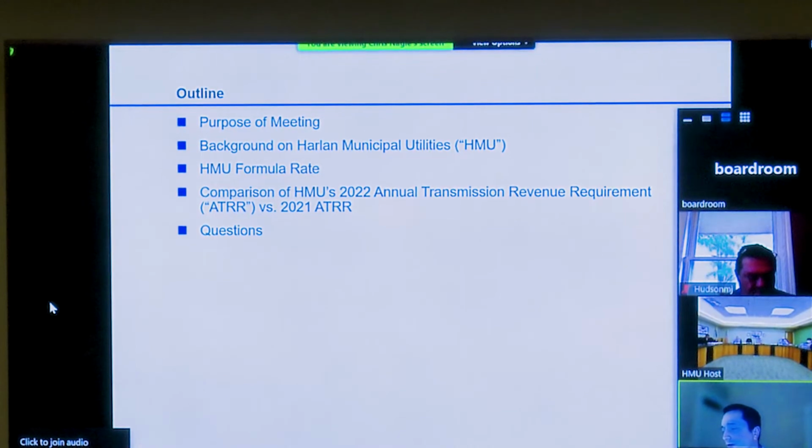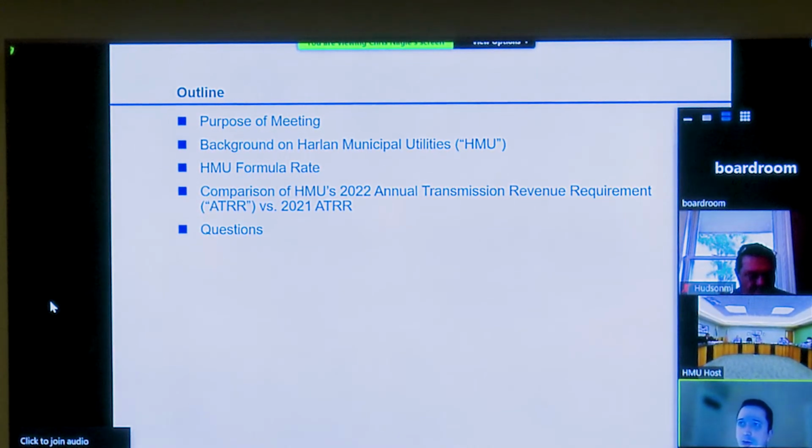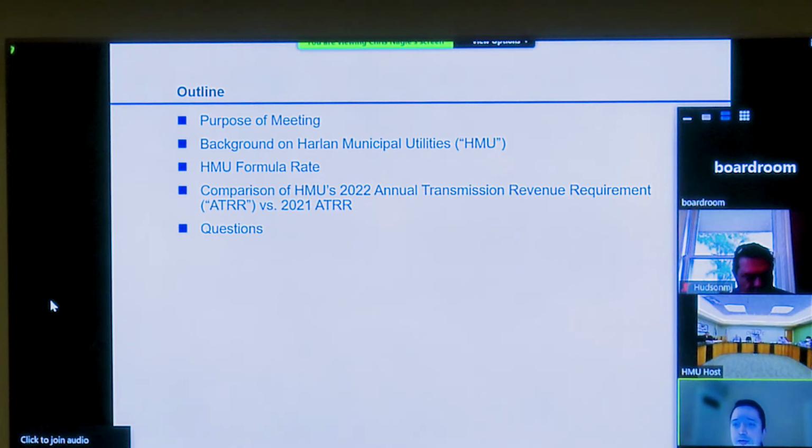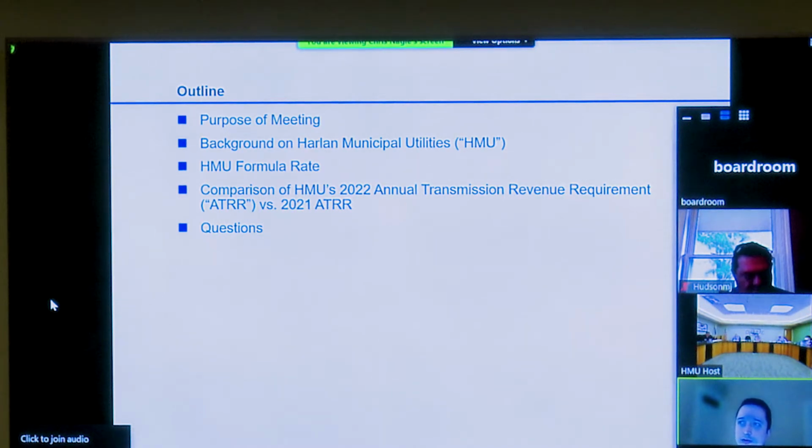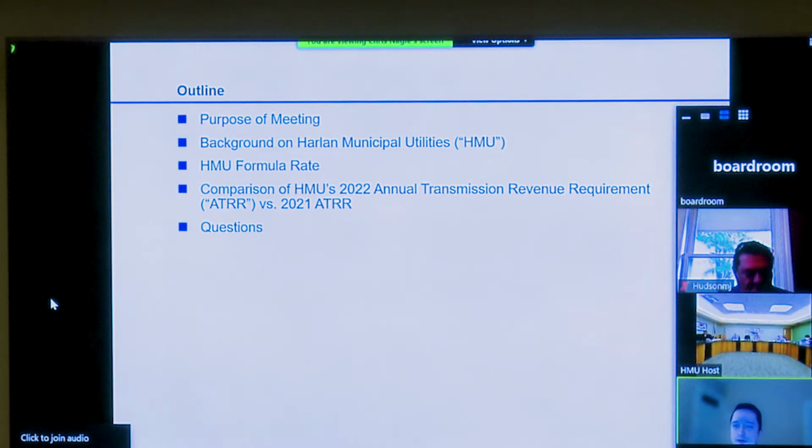First, we'll have a brief description of the purpose of today's meeting, followed by a little bit of background about Harlan Municipal Utilities, an overview of the formula rate template that Harlan uses in calculating its annual transmission revenue requirement. Then we'll touch on a comparison of the 2022 ATRR versus the 2021 ATRR. And then finally, we'll have an opportunity for anyone to ask questions.